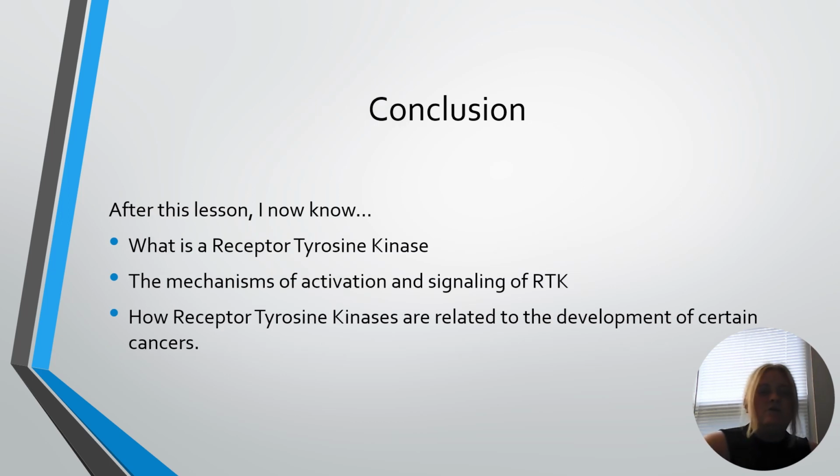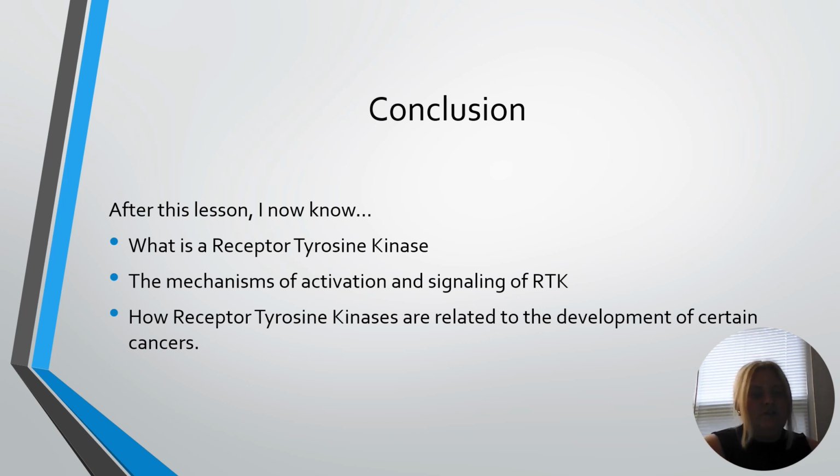So lastly, for our conclusion, after this lesson, you should now know what a receptor tyrosine kinase is. We discussed that it has a role in cellular processes, including growth, motility, differentiation, and metabolism of cells.